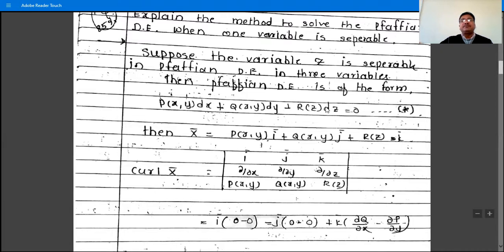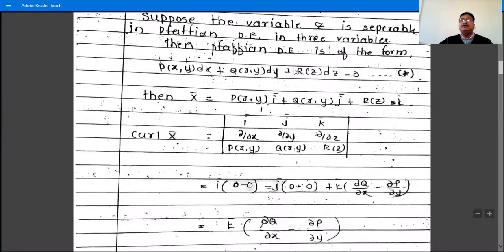But if it is one variable separable and z is separated, the coefficient of dx is a function of x and y, not of z, the coefficient of dy is a function of x and y, and the coefficient of dz is purely a function of z.